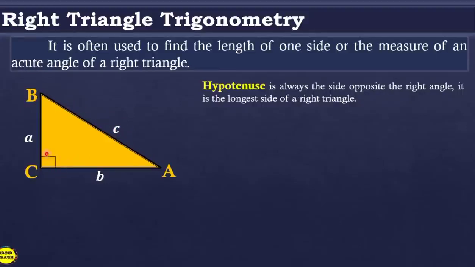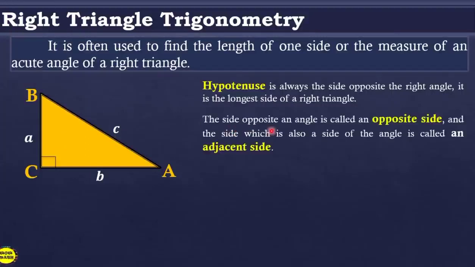So this angle is a right angle. How did you know that it's a right angle? Because of this symbol. So kapag meron po tayong foot dito, automatic this is a right angle. So the side opposite the right angle is always your hypotenuse. And this is also considered as your longest side.